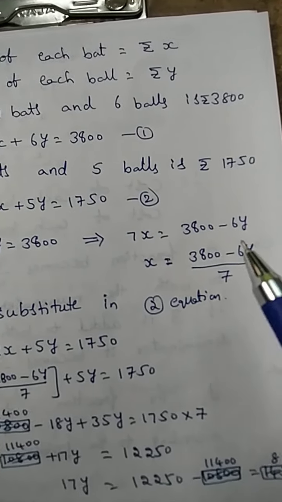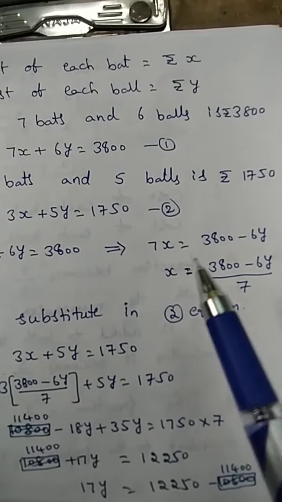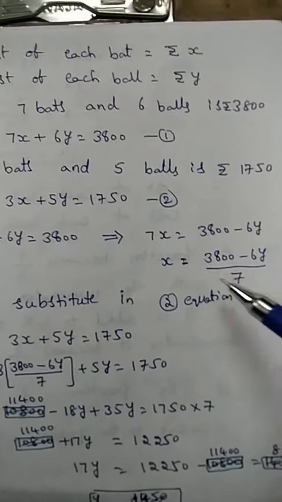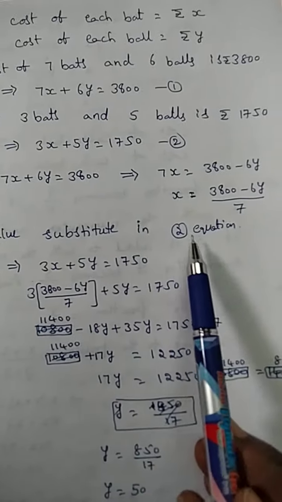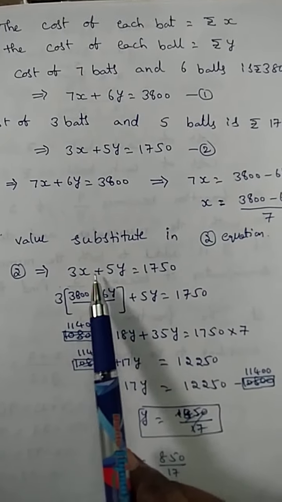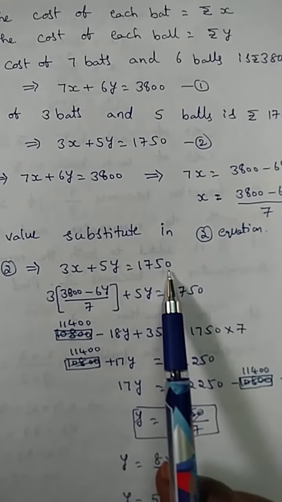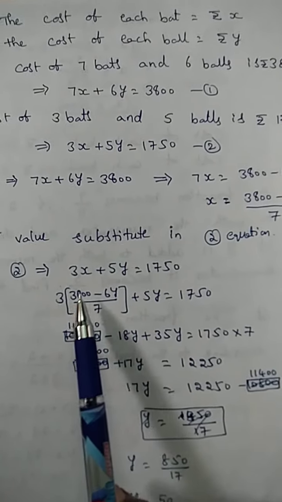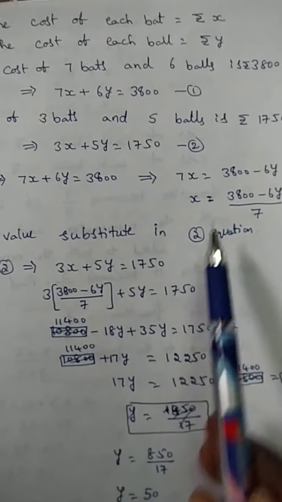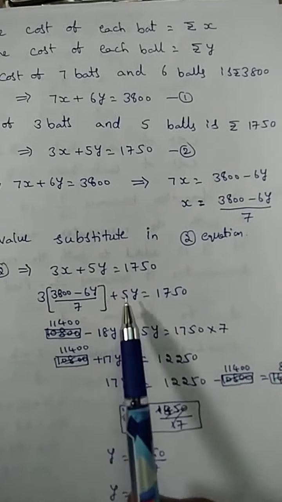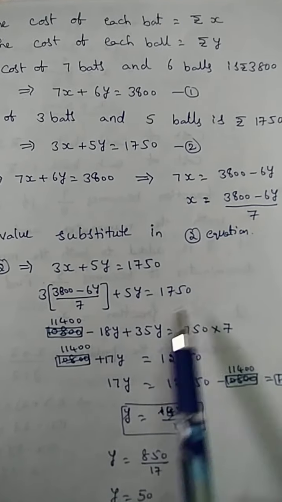We substitute it in the second equation, because we got it from the first equation. The second equation is 3x plus 5y is equal to 1,750. x is (3,800 minus 6y) by 7, so 3 times (3,800 minus 6y) by 7 plus 5y is equal to 1,750.